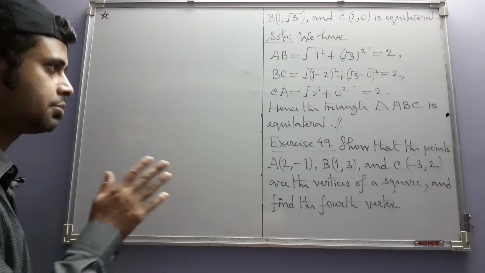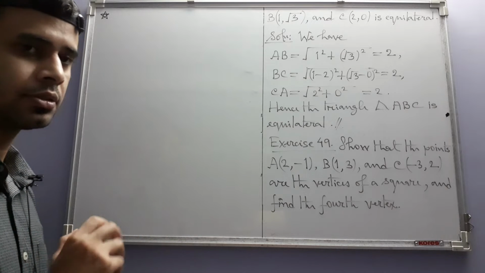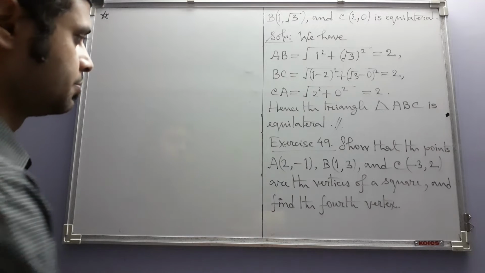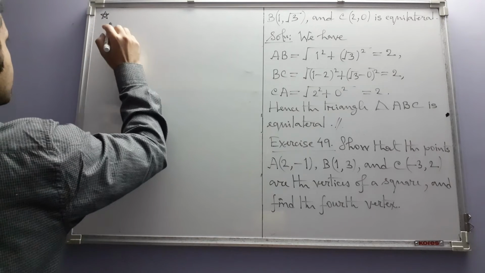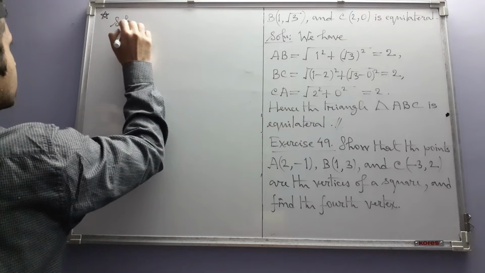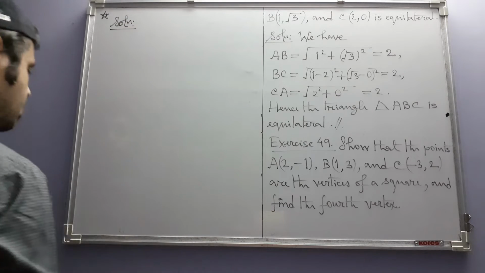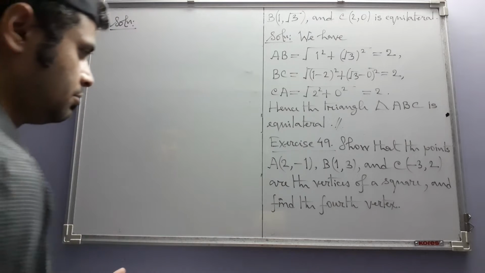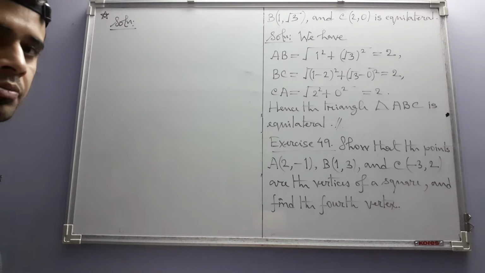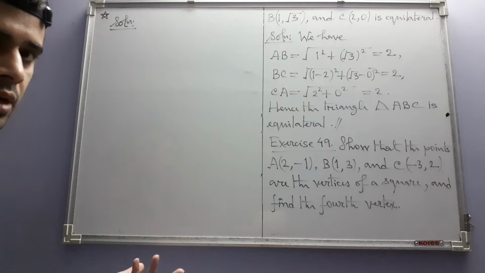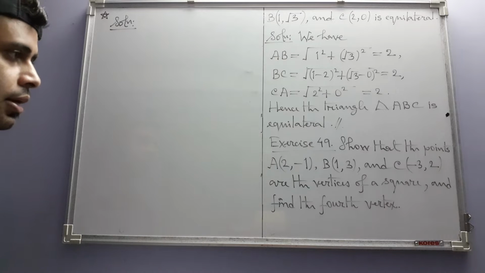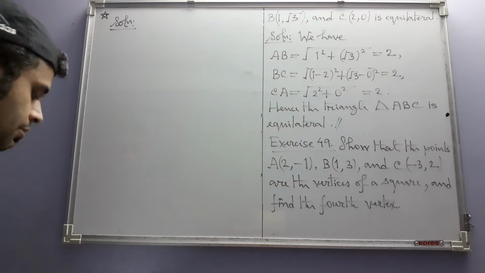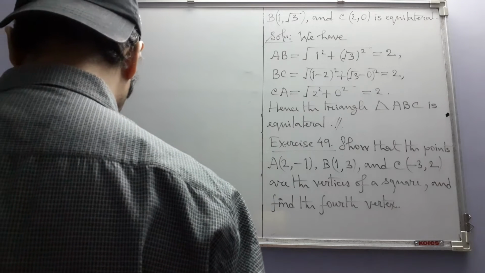But since it comes under theory and examples, it's better to solve using theoretical means. Although that plotting method will almost immediately show you that yes, they are the vertices of some square, and you can guess the fourth vertex. But let's just do it theoretically.